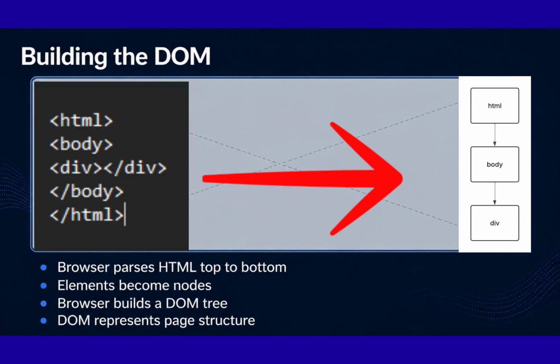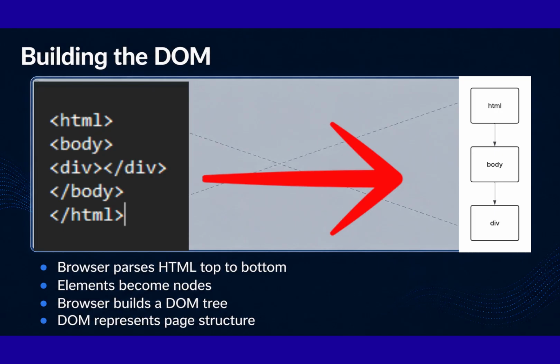As the browser parses the HTML, it converts the document into something called the DOM. DOM stands for Document Object Model. The browser reads the HTML from top to bottom and turns each element into an object called a node. So a paragraph becomes a node. A button becomes a node.